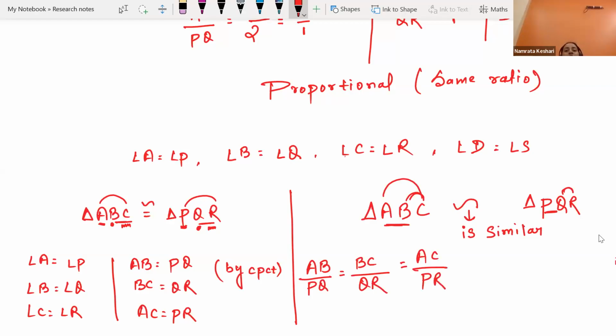Apart from this, the angles will also be the same. Angle A and angle P are equal, angle B and angle Q are equal, angle C and angle R are equal. This is the meaning of similarity. That was the meaning of congruency.